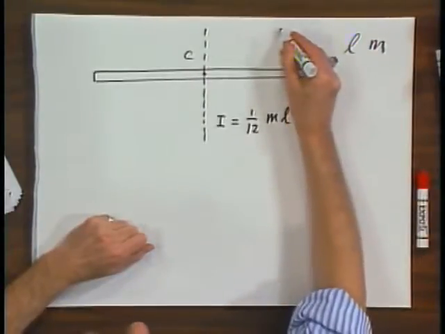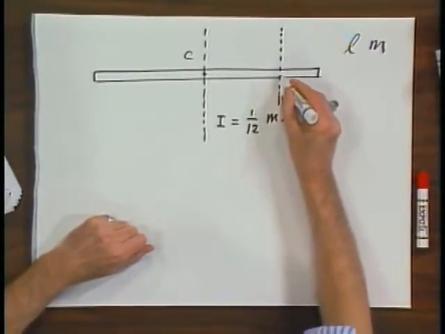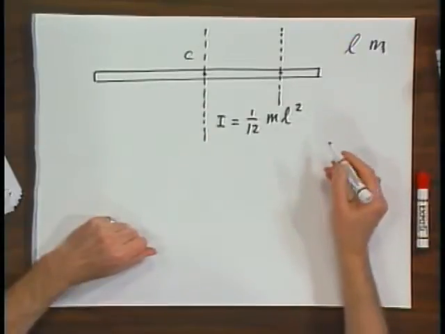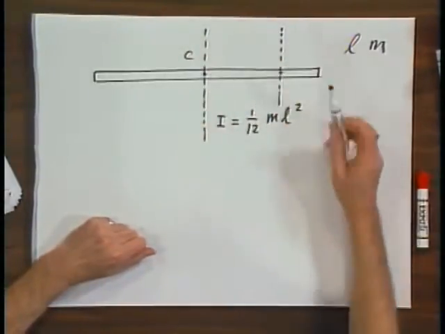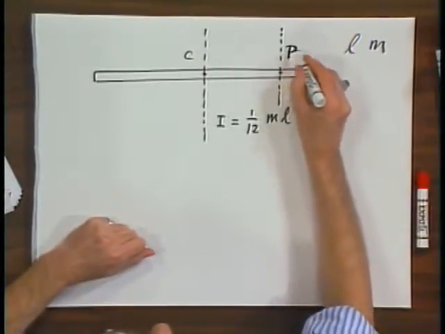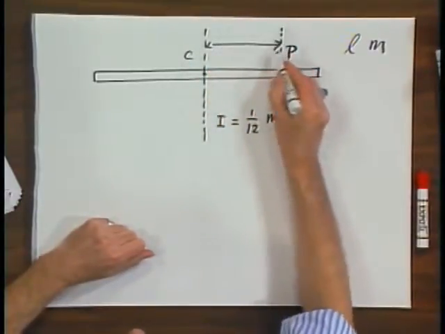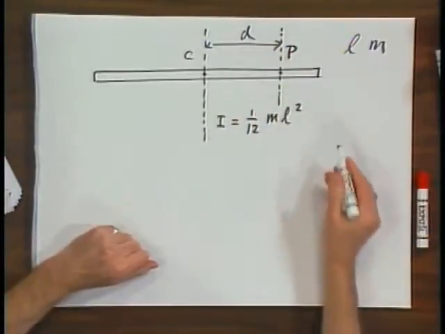But now I would like to know what the moment of inertia is about an axis of rotation which is also perpendicular to the rod, but it goes through point P, and this separation between these two axes equals d.